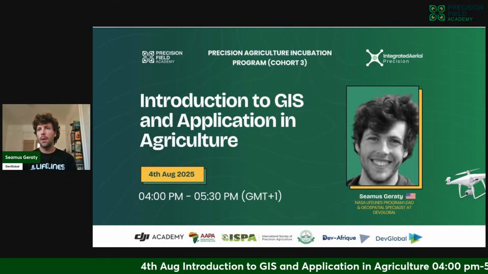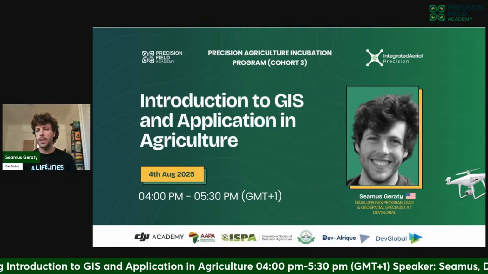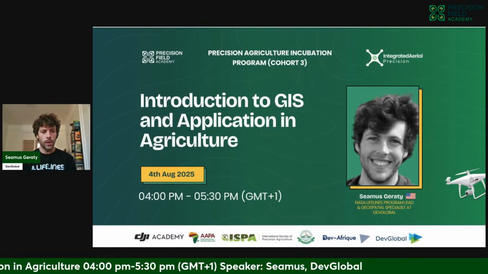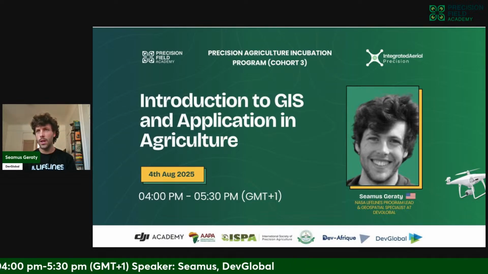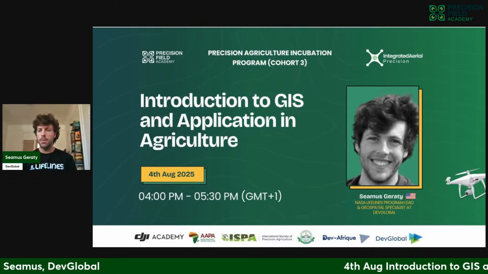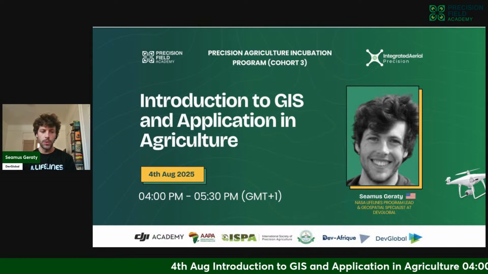Today, I'm going to break it down a little bit, and we're going to walk through a couple of different things, looking at GIS principles, a basic introduction to concepts in geographic information systems. Then I'll speak a little bit to remote sensing, and then we'll get into some applied examples in agriculture.